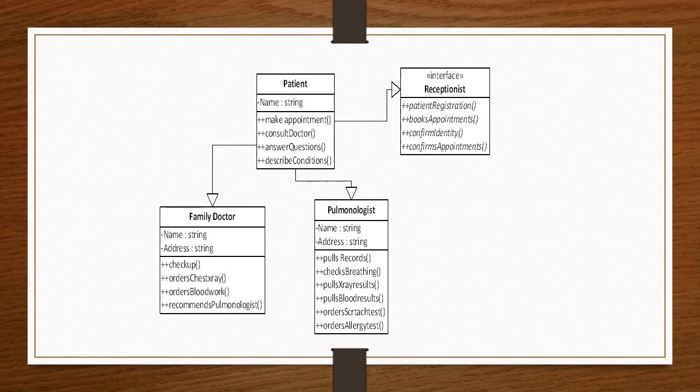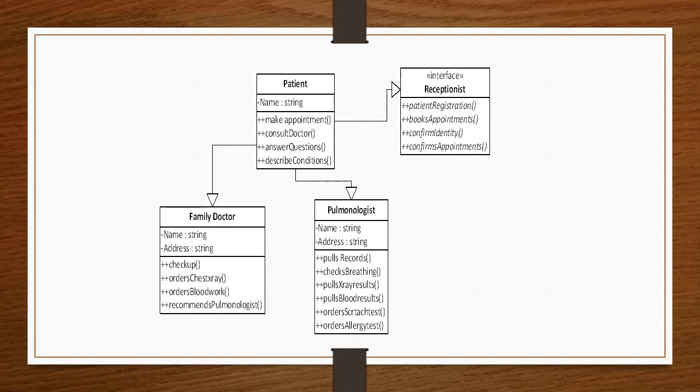Both doctors are generally responsible for checking the patient's symptoms and ordering tests and follow-ups for clarification. The family doctor is responsible for the checkup. He ordered the chest X-ray, he ordered the blood work, and he made a recommendation to the pulmonologist.